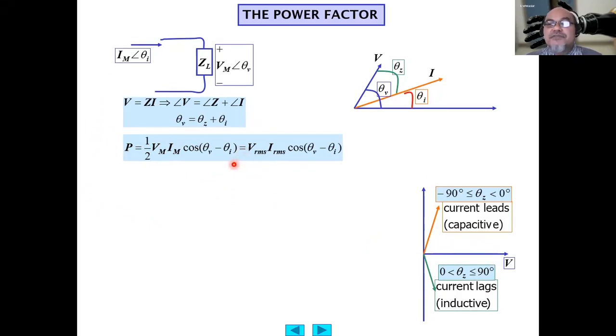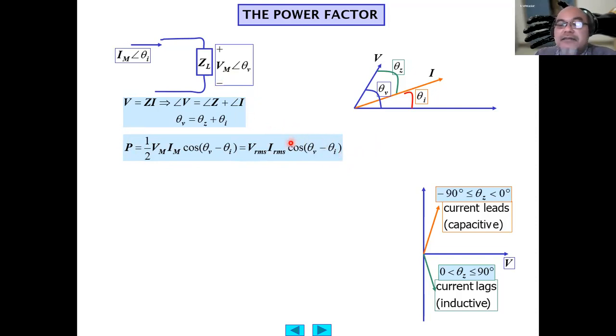Or if we use the effective values of the voltage and current, then we can express it in RMS, where the factor half disappears. So it's just V RMS times I RMS times cosine of the phase angle difference between the voltage and current.